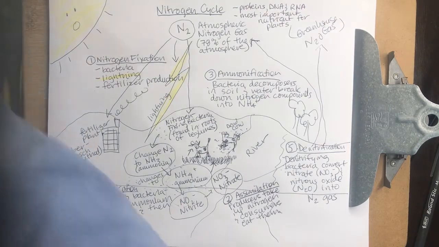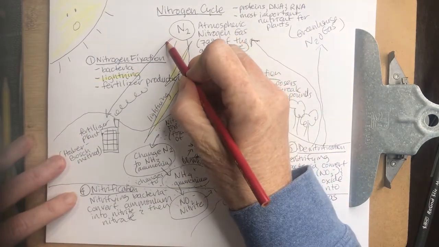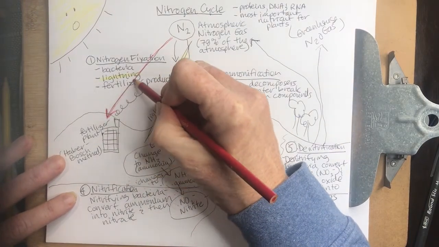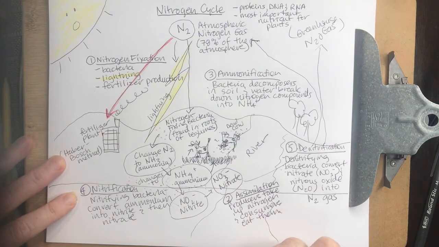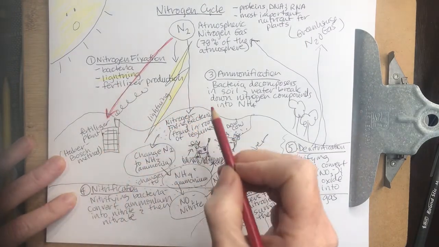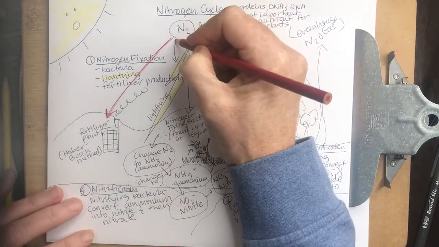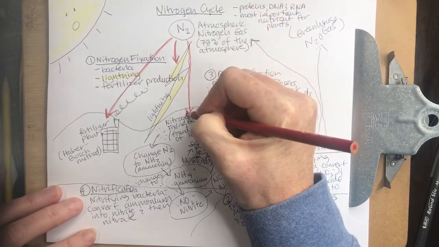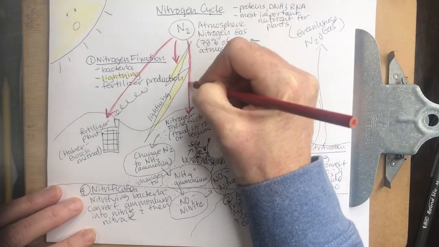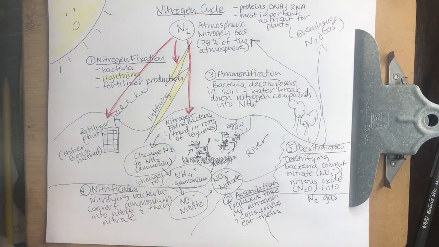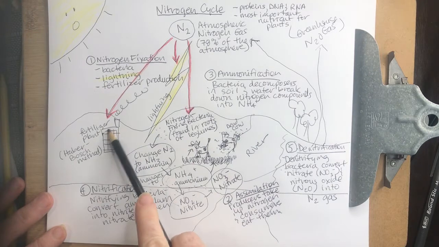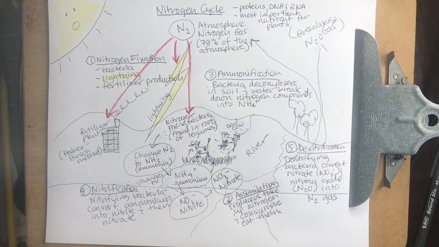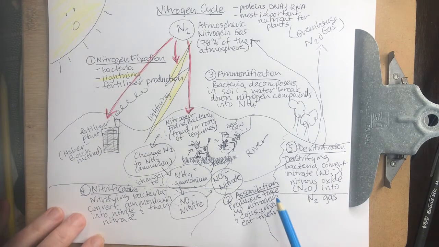Let's color some arrows to show these three processes of nitrogen fixation: to the fertilizer factory, through the lightning, and through the process of bacteria, which is naturally occurring. Then I'll color my little factory a little gray. All right, I'll color my water.